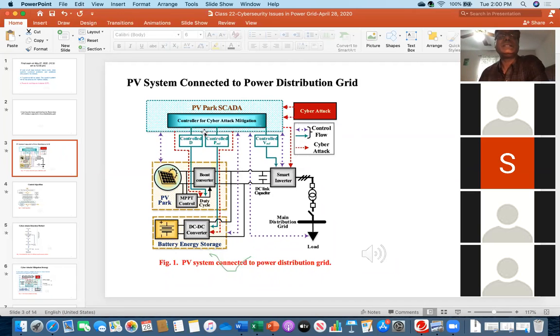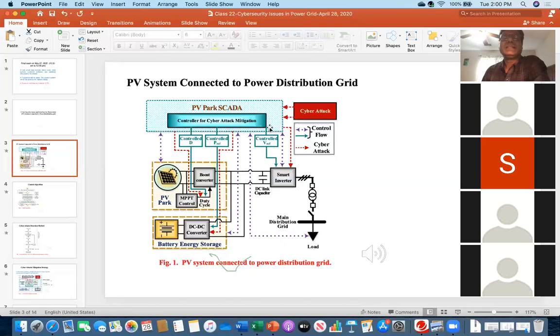Then everybody see on the SCADA, I have put some mitigation controller. You can see this green colored controller for cyber attack mitigation. And as you can see, the green blocks: control V reference, control P reference, control duty cycle.